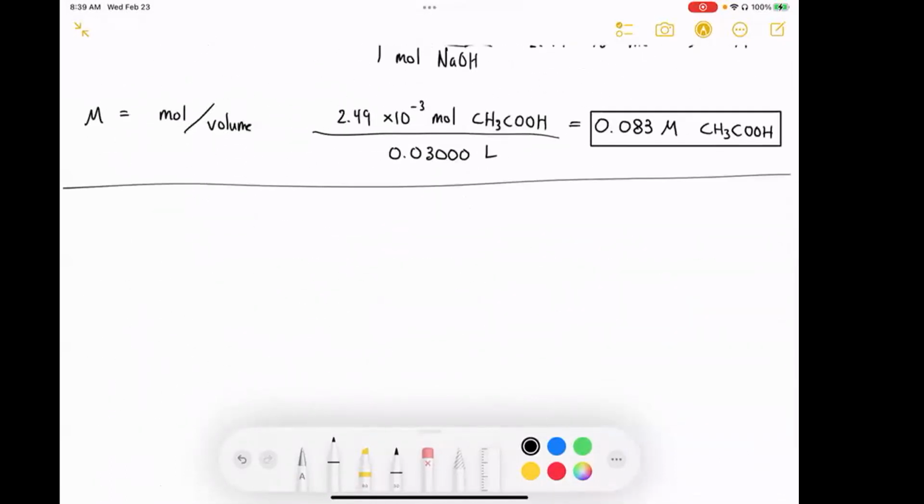Now let's go to part B. B is determining Ka of acetic acid.